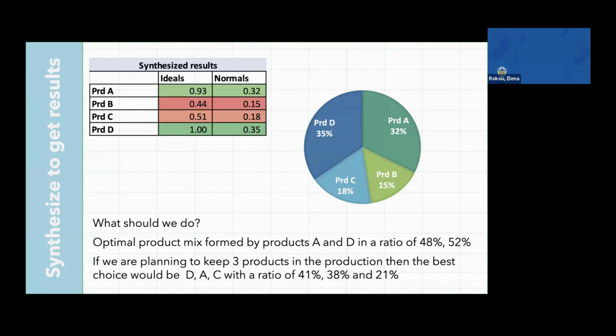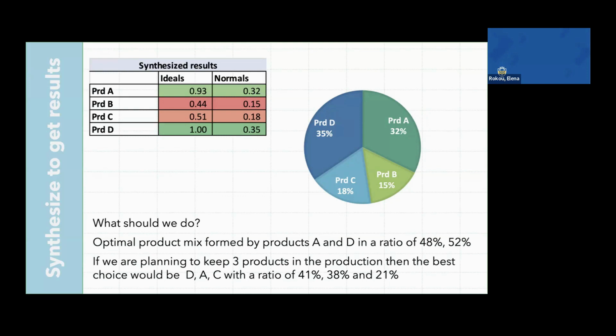When they got into this game of trying to decide, they had a clear idea of what they wanted. They wanted to keep B for this product and replace C, D. What they found out is that probably that's not the best idea.